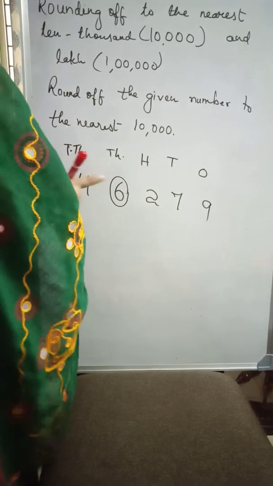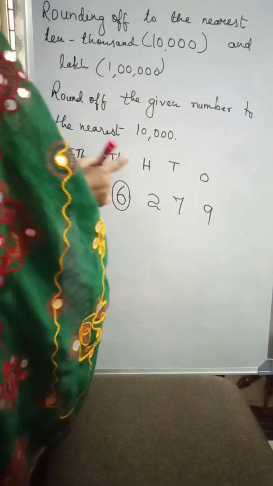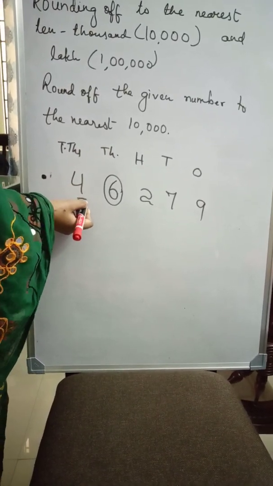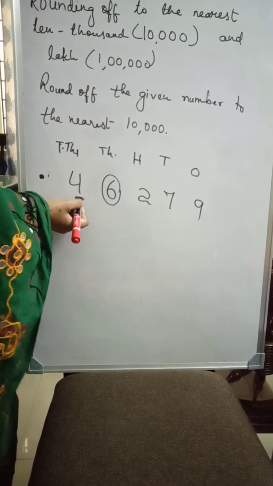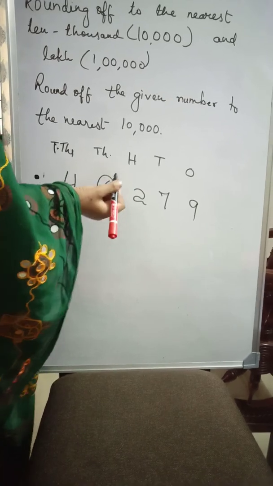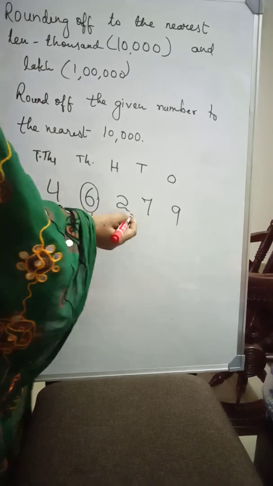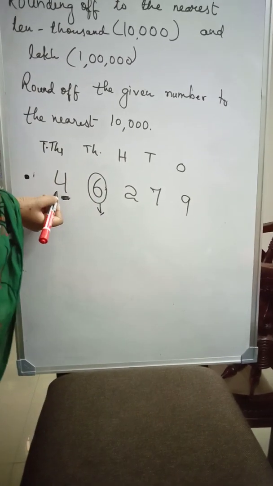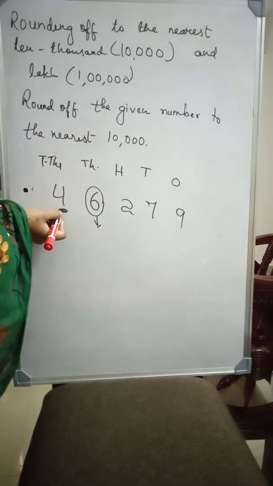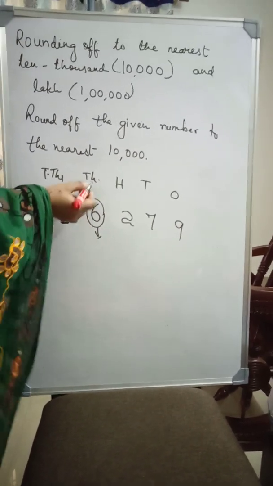In order to round off 46,279 to the nearest 10,000, we have to look at the digit at the thousand place. Here we have to round off the digit at the 10,000 place, that is 4. So we look at the digit at the thousand place.